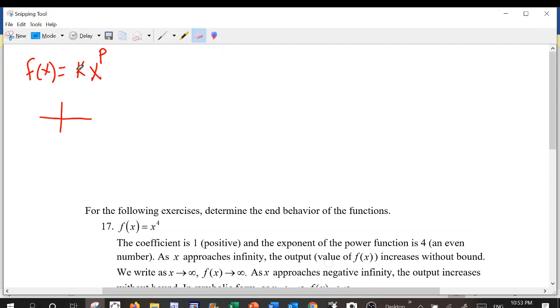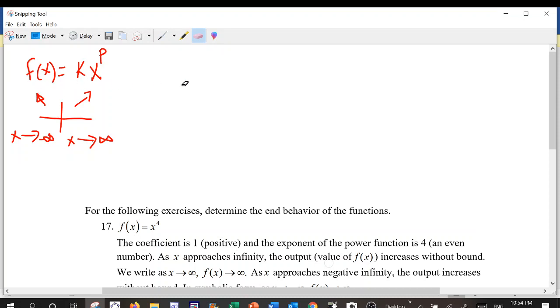The end behavior of it, if p is an integer, is going to look like either this. What do I mean by that? I mean, when x approaches infinity, that means when x values are really large on the right, what happens to the y value here? What happens with f of x? And when x goes to the left to negative infinity, what happens to the y value?